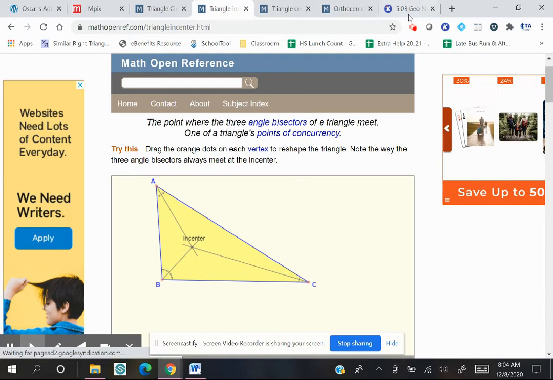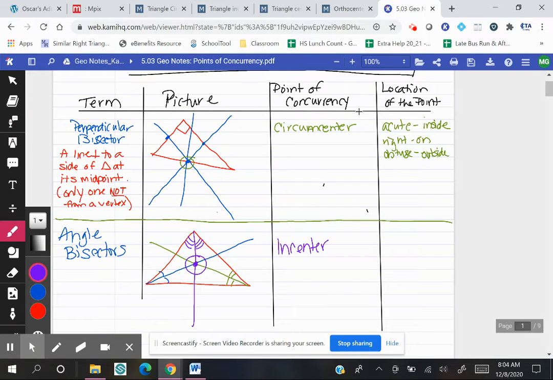So no matter what, and it makes sense if you visualize your angle bisectors, they're never going to go outside of your triangle. You don't have to have perpendicular lines like we did before. They're always going to go through those angles, so they'll always be inside.